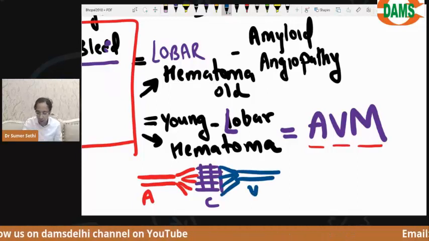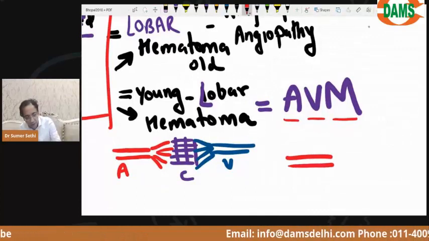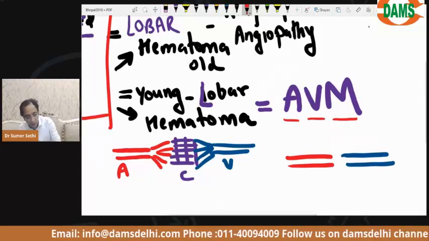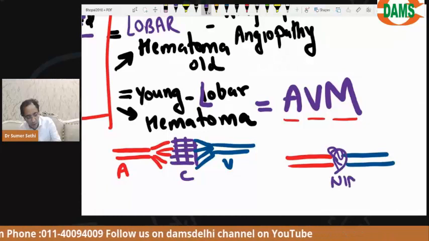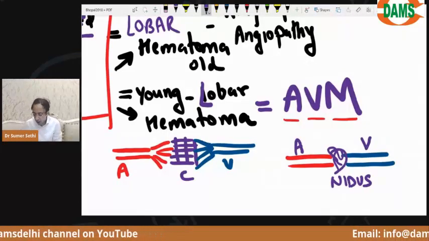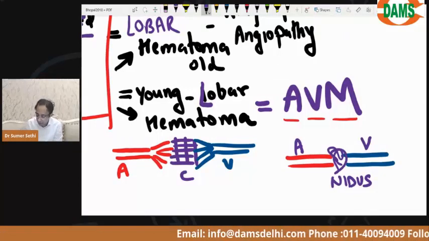This should be the normal anatomy. If the artery is directly connected to the vein with an abnormal bunch of vessels called a nidus, we call it AVM, arteriovenous malformation.